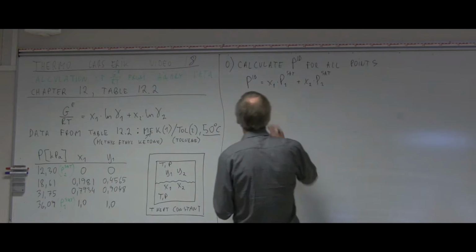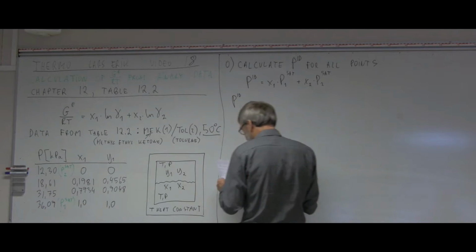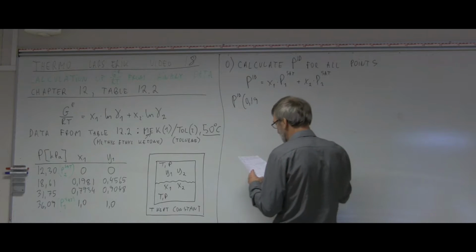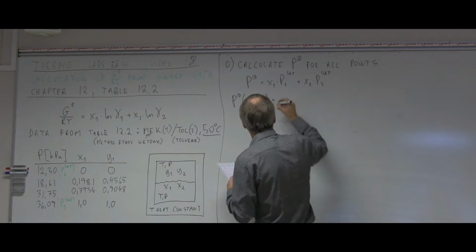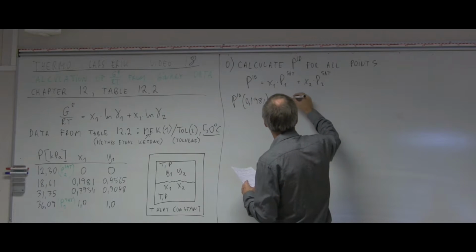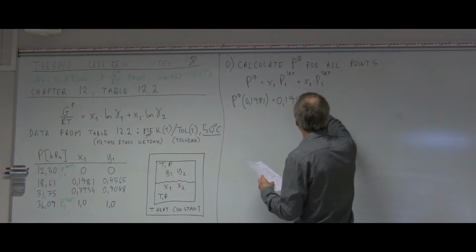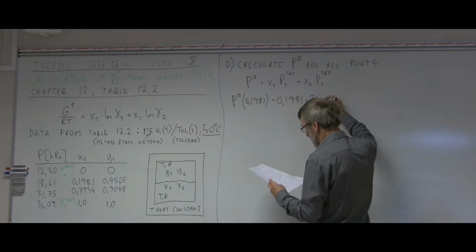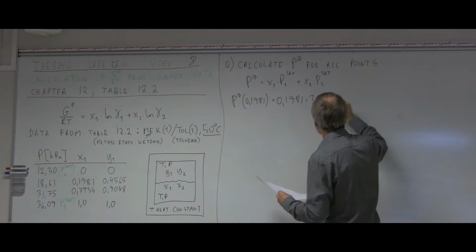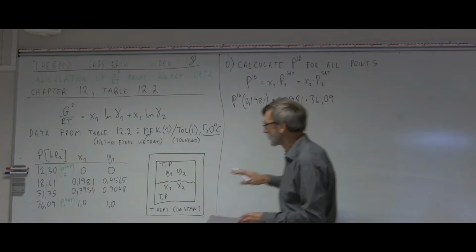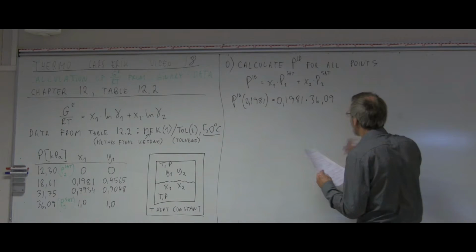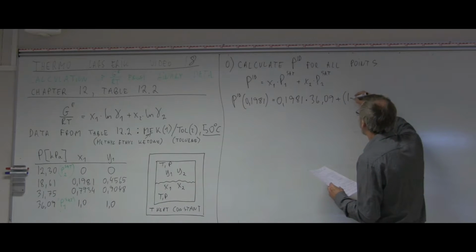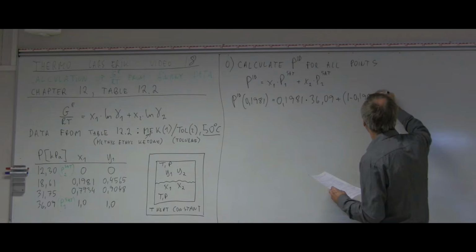So, the ideal pressure at the point of 0.1981 is the mole fraction of component 1 times the saturation pressure of component 1, that one, plus 1 minus 0.1981.